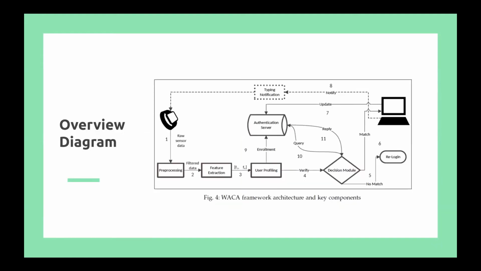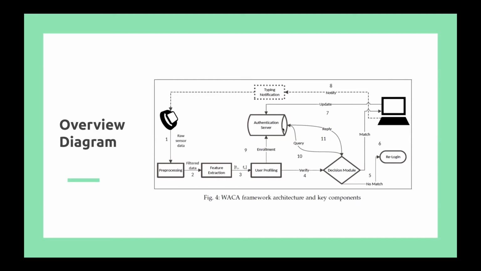So this is an overview diagram of how the program works. In the first place, a typing notification is sent from the computer to the wearable device, where pre-processing is done on the typing readings. It takes the feature extractions, which is another word for removing all the noise, compares it to the user profile, and sends it to the authentication server.